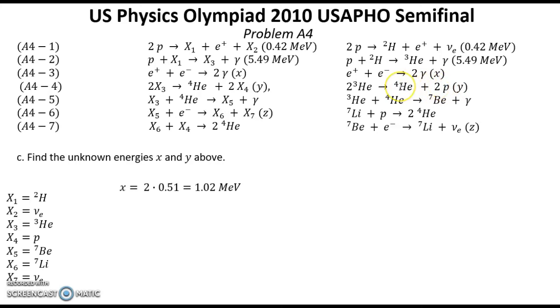So it means that we need to count the total energy going to neutrino, gamma ray, and gamma rays here, and we need to do them twice because we have 2 particles here.